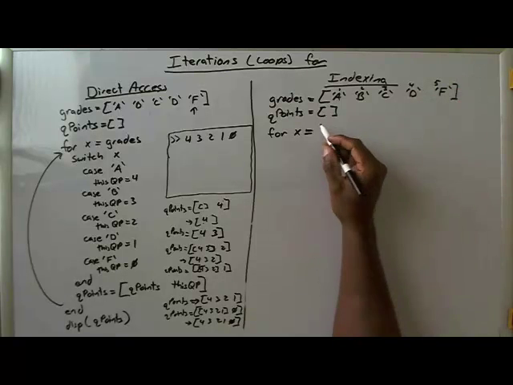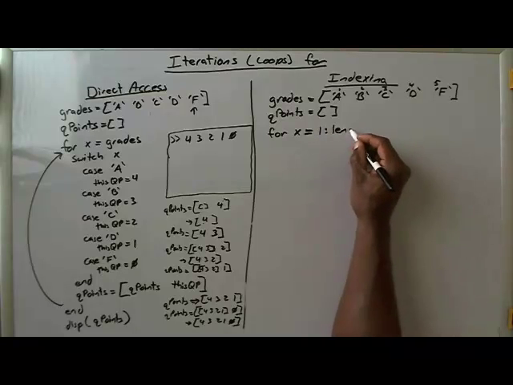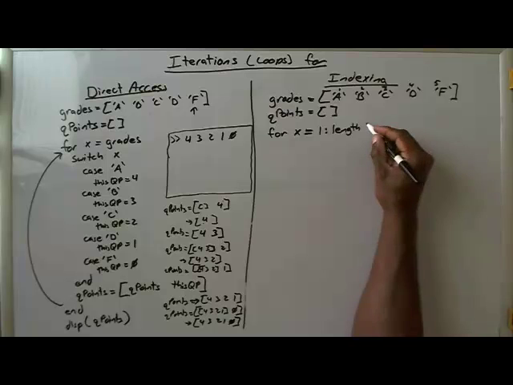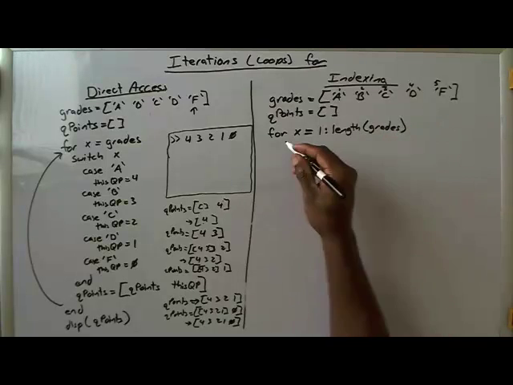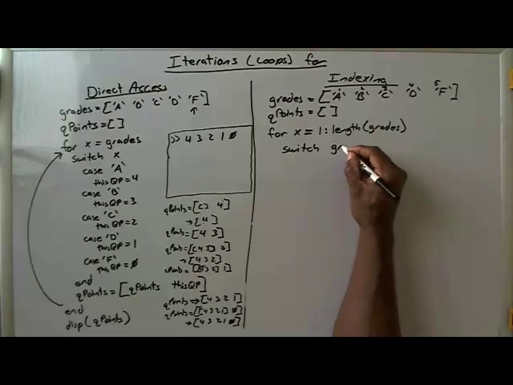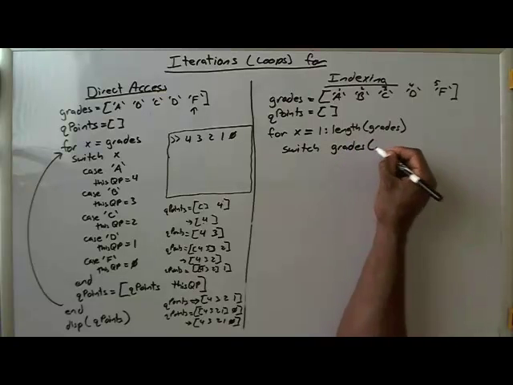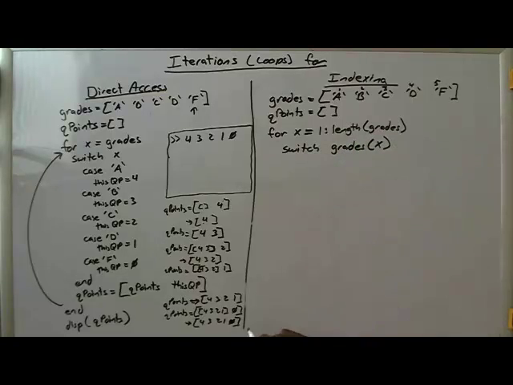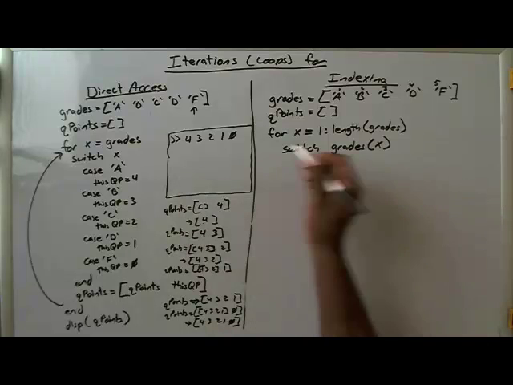So X is going to be 1, colon, once again, the length of vector grades. Now when I do my switch statement, I'm not switching on X, I'm switching on grades indexed at X. And that really is the only difference between these two pieces of code.